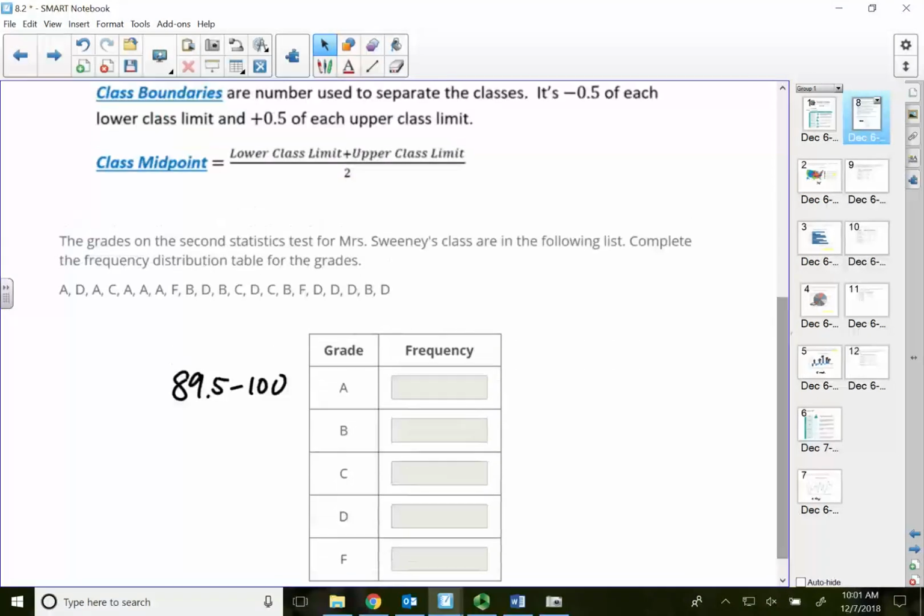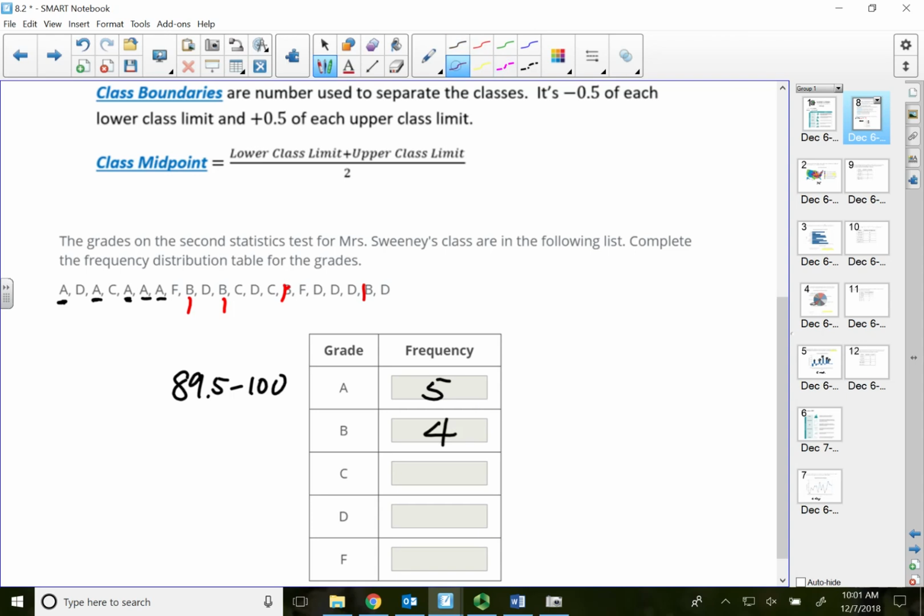Let's count them. This is a frequency distribution. Let's count how many A's we have: 1, 2, 3, 4, 5. That's 5 of them. Make sure we don't count them wrong. The grade B: 1, 2, 3, 4, so that's 4 times.